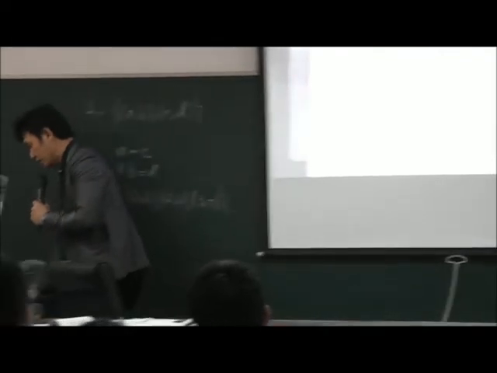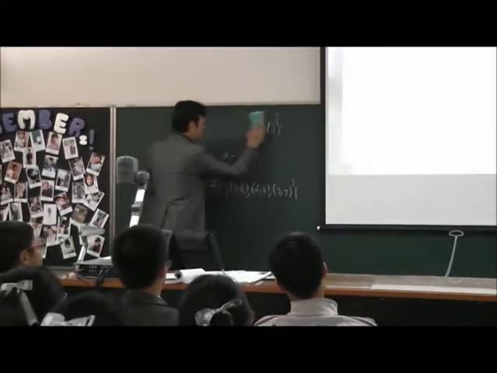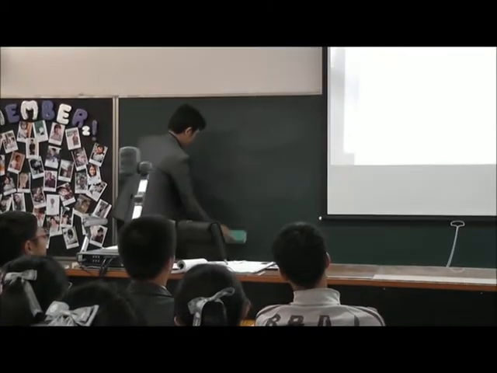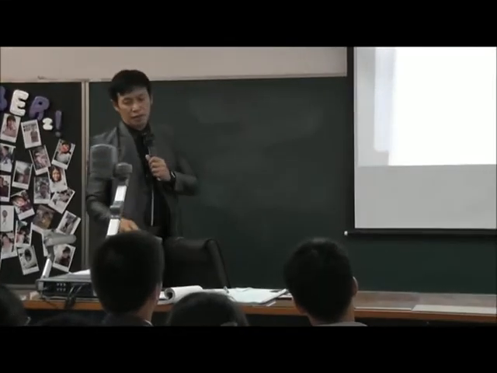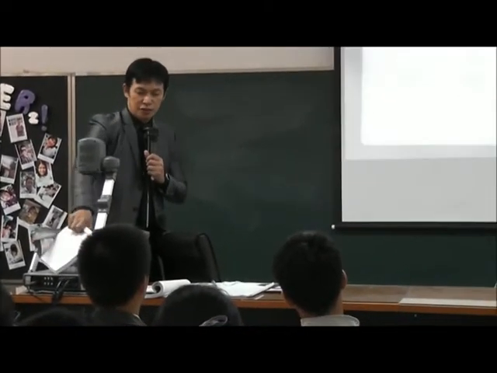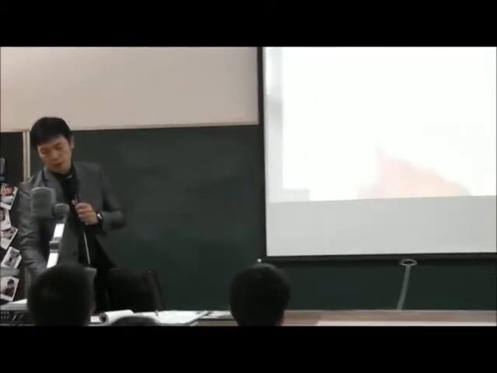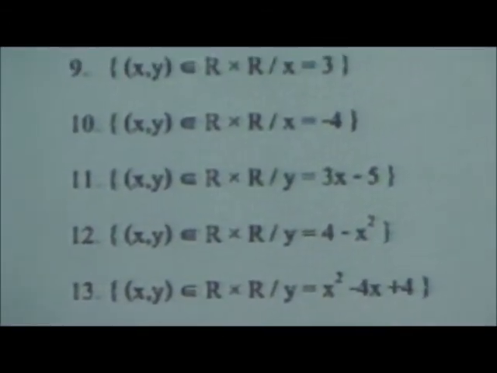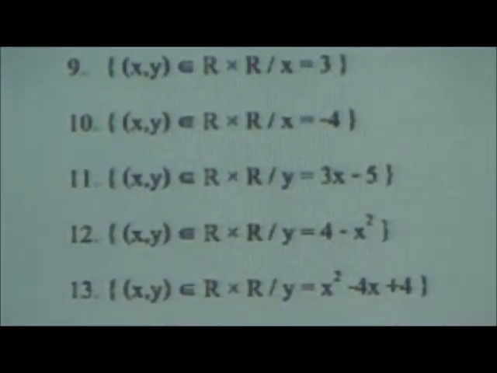Next, I'll show more examples. I choose question 11. Question 11: the set of (x, y) belonging to R, such that y is 3x minus 5.